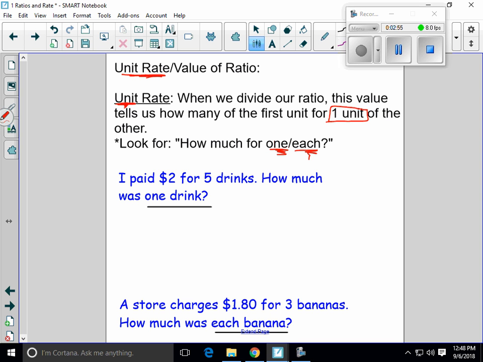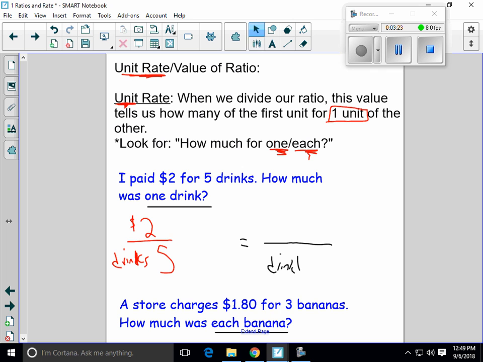Okay, so here are 2 examples. I paid $2 for 5 drinks. How much was 1 drink? So it's $2 for 5 drinks. How much for 1 drink? So how can I make this into a fraction with 1 drink on the bottom?